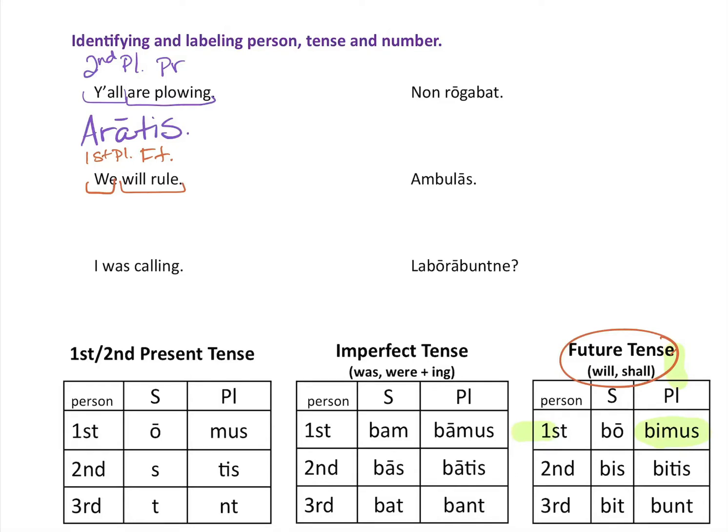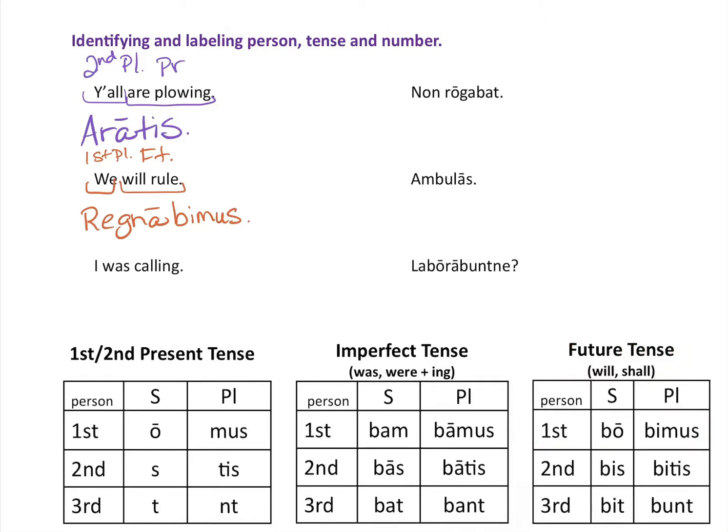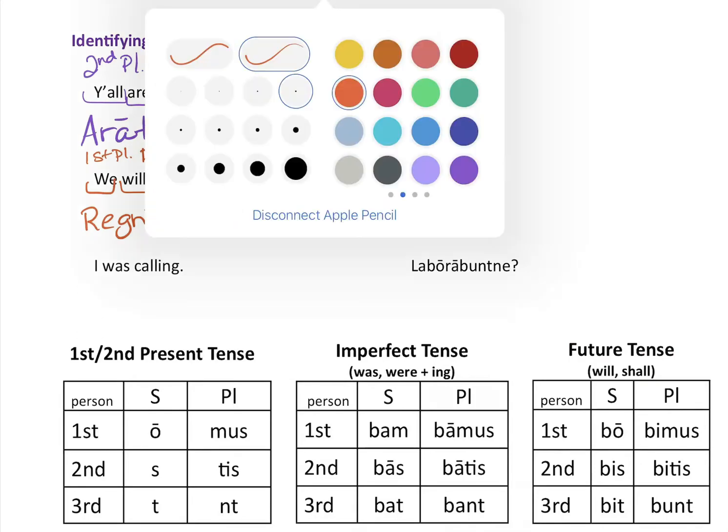Now, we know that regno, regnare is the word to rule or to reign. If you go to the second principal part and take off the -re, you've got regna as your verb stem. You go down to your -bimus and add your -bimus. We will rule.